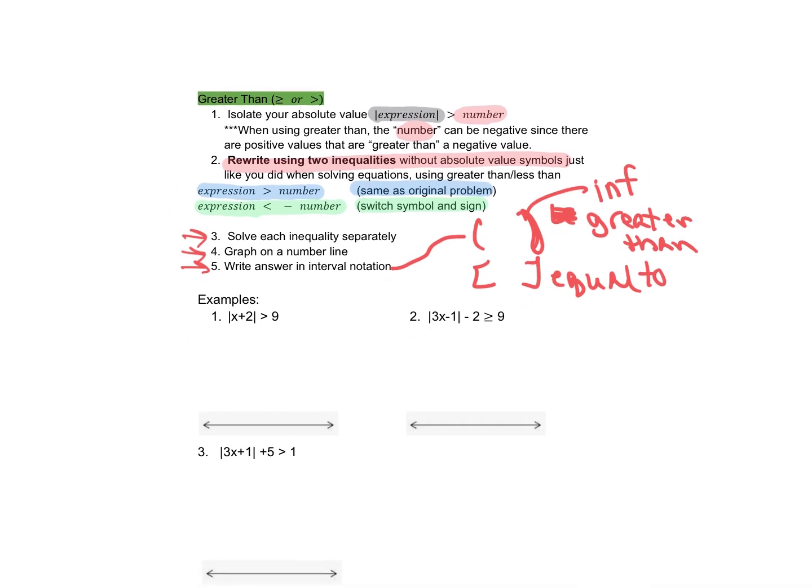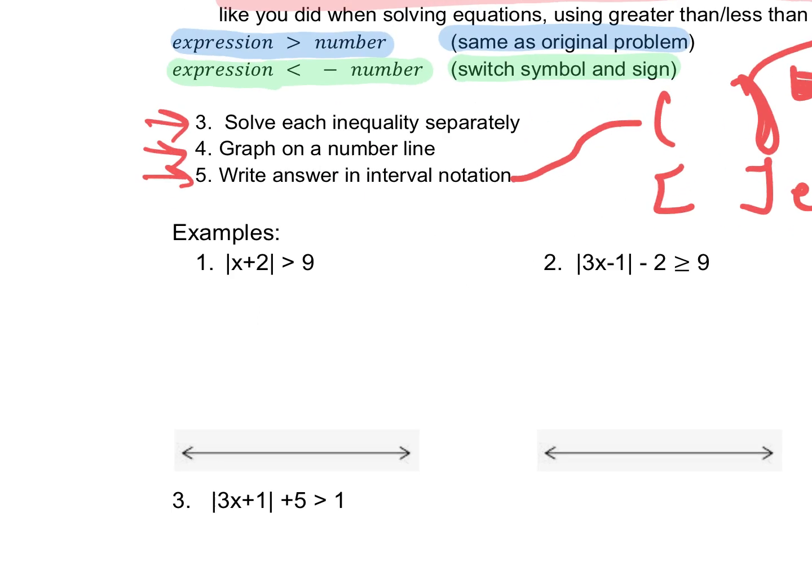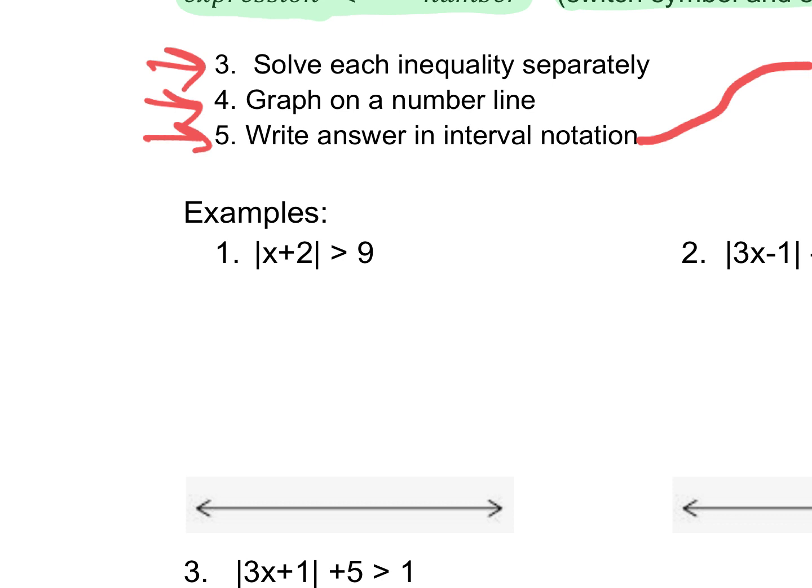Let's start out nice and simple. We have the absolute value of x plus 2 is greater than 9. The first thing I note is that it is a greater than symbol, so I know I'm going to need to write two inequalities.